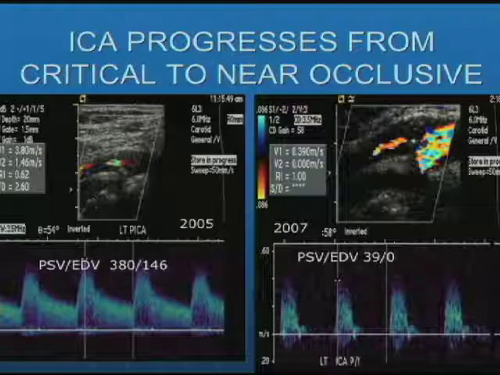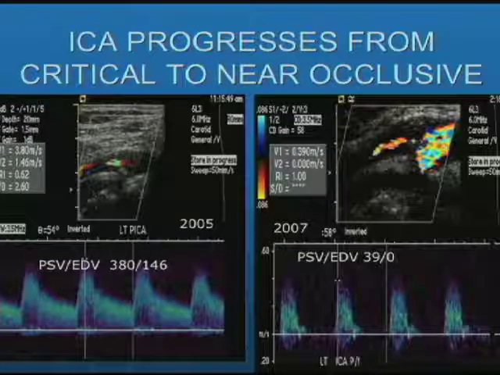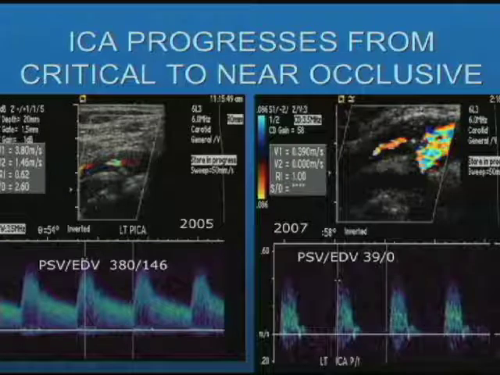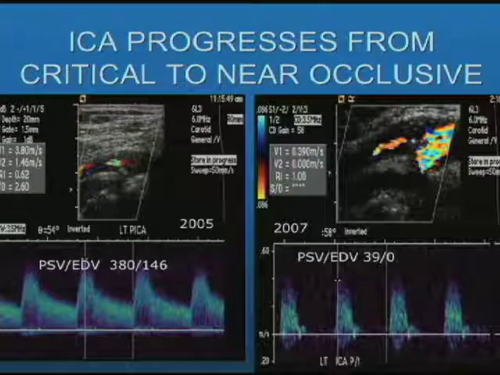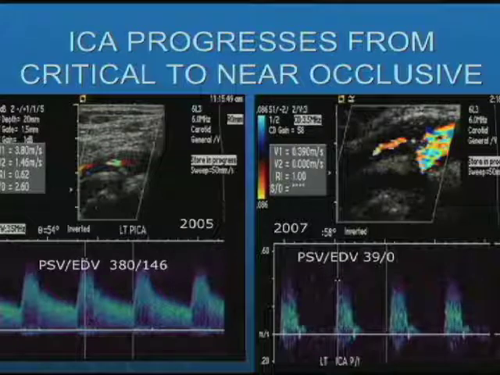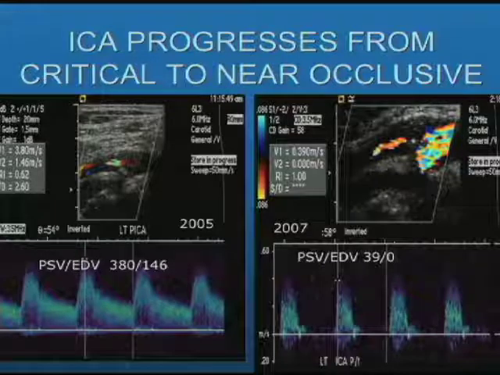And over time, you see that the patient's peak systolic velocity has progressed, but instead of rising, since it's now a greater than 95% occlusion, the peak systolic velocity actually has fallen and end diastolic velocity is 0.